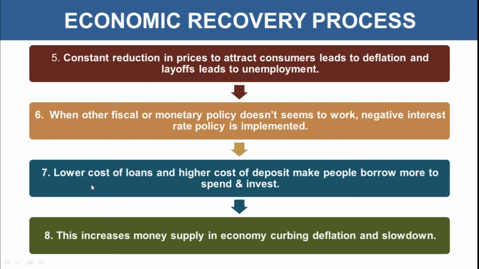So they will try not to keep their money in the banks, but rather to borrow money and then invest and spend in the economy. This will increase the money supply in the economy again, trying to curb the deflation situation and the economic slowdown.